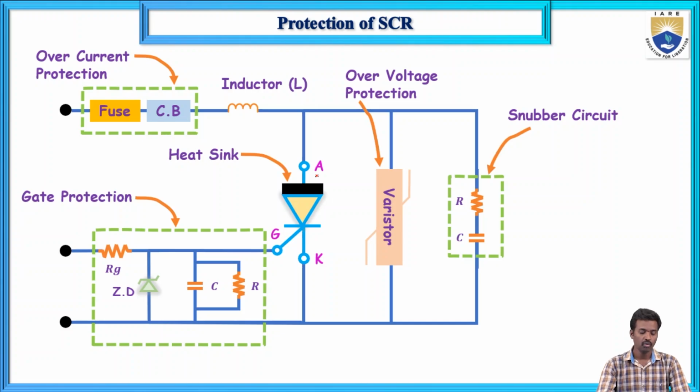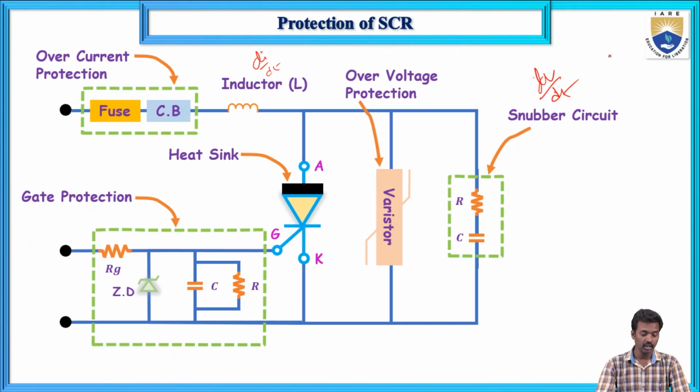So now here, over voltages can be protected by the fuse and circuit breaker, and di/dt can be protected by the inductor connected in series, and over voltages can be protected using a nonlinear resistor, that is a varistor. And next, the snubber circuit's main purpose is to protect the SCR from dV/dt.